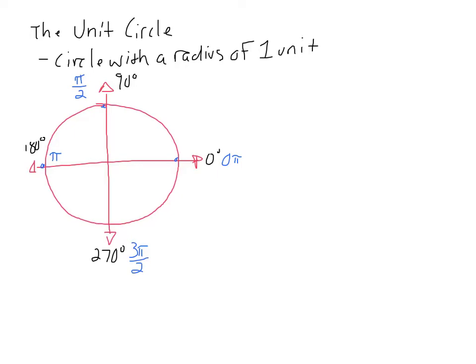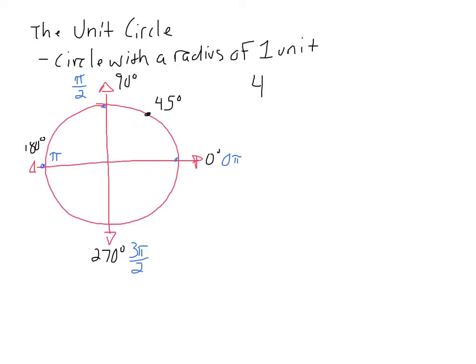Now I can find the conversion between degrees and radians at any point of the circle based on what I want to find. So let's say I wanted to examine this point here, which is 45 degrees. Well, I already know how to convert from degrees to radians.